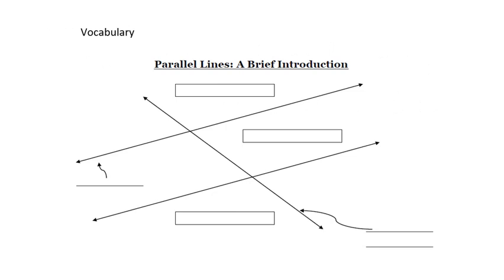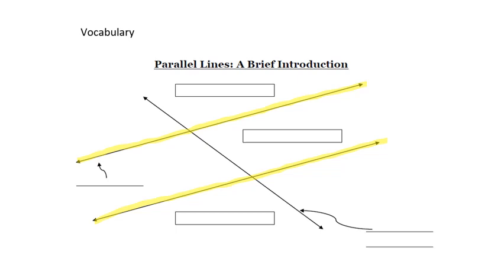When we talk about parallel lines in geometry, we talk about two parallel lines to start with, and I'm going to highlight those for you in yellow. You can see that if those two lines kept going to the upper right and the lower left, they would not ever cross.